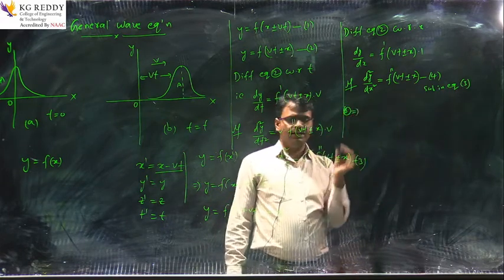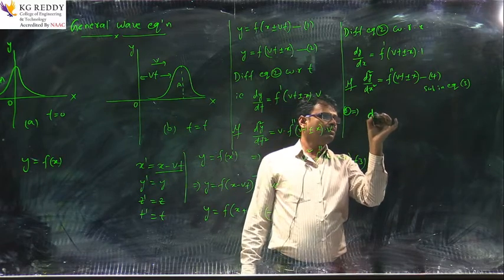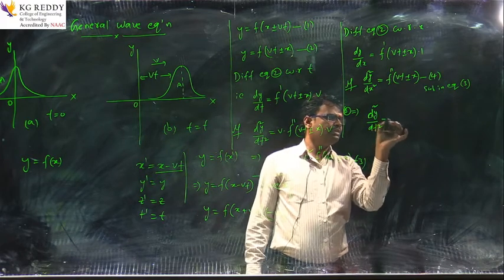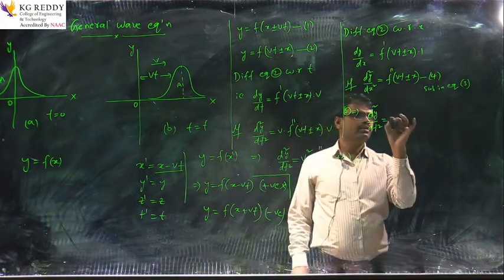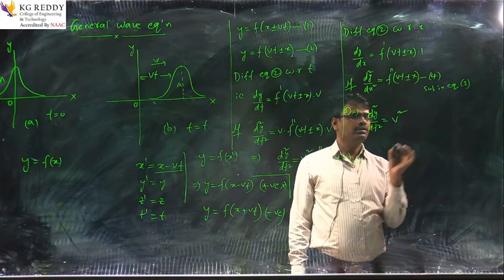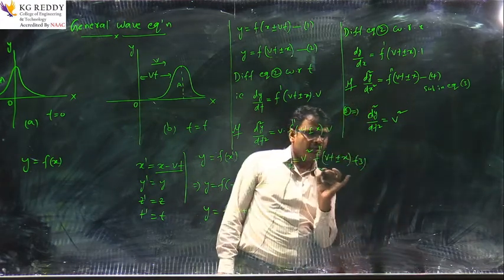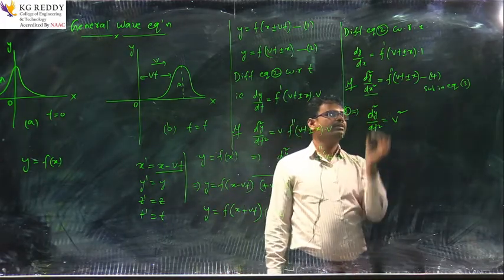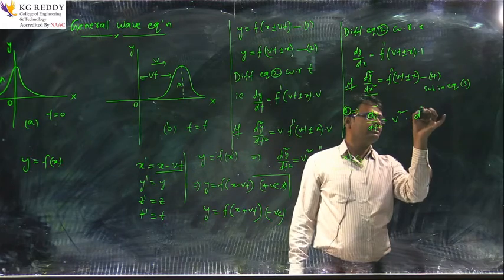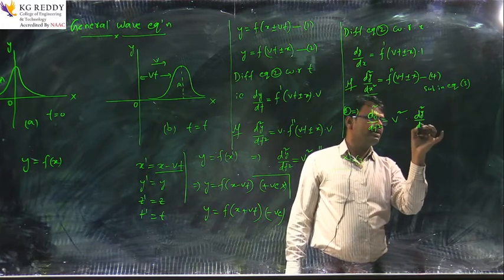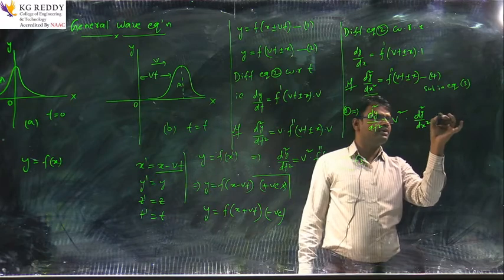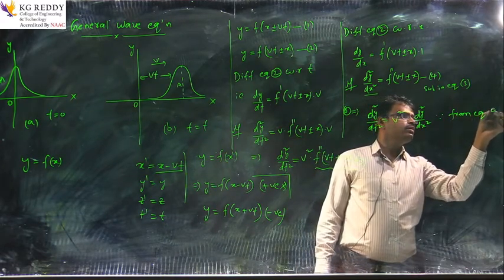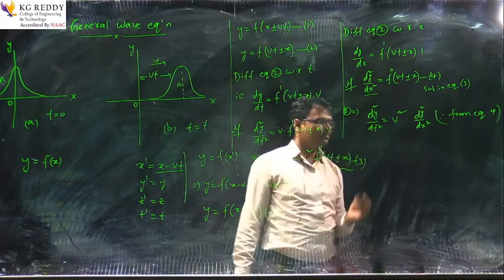Equation 3 implies d square y by dt square equal to v square, and instead of f double dash of vt plus or minus x, we can write d square y by dx square, since from equation 4.